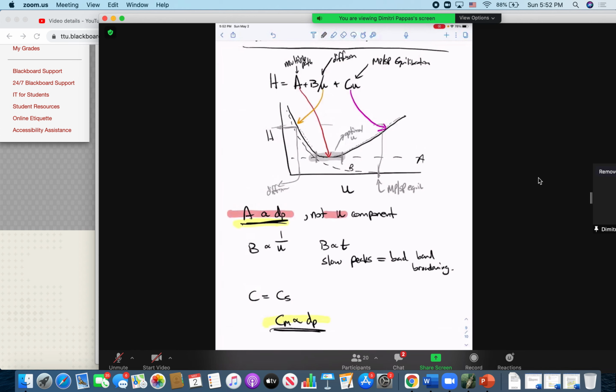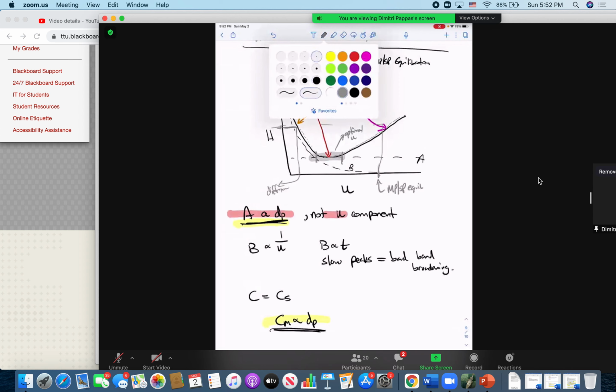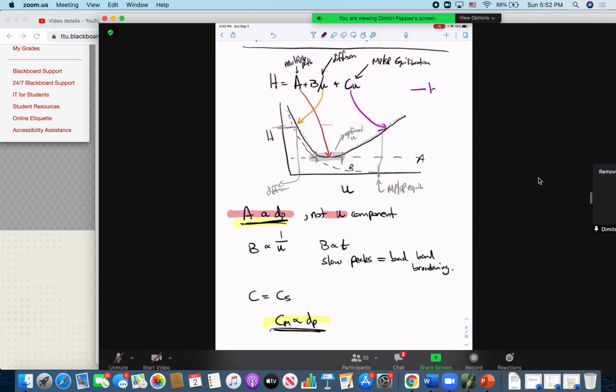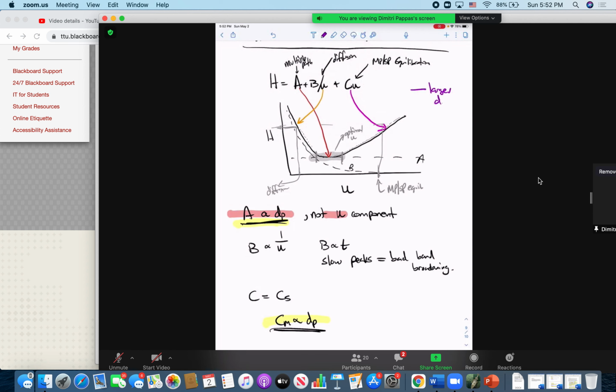Now, what if for some reason you bought a new column, and it has larger particles? What would that look like? Well, diffusion would be the same. Your multiple path term would be worse, and then your C term would be worse also.